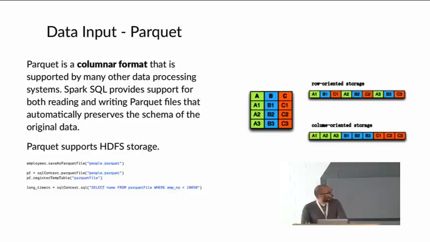One of the most used data formats for Spark is the Parquet data format. It's a columnar data format. That means it stores its fields in column-oriented order, which has some benefits. So if you only want to select certain columns of your data, it's much faster because it can scan through your column from one end to the other and does not always have to jump to the next row.